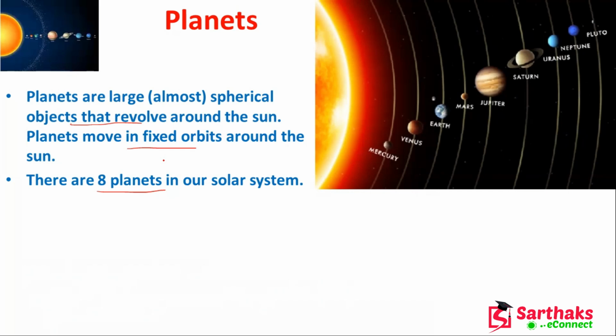The planets are Mercury, Venus, Earth, Mars, Jupiter, Saturn, Uranus, and Neptune. Earth is the planet where we can live. The smallest planet is Mercury.